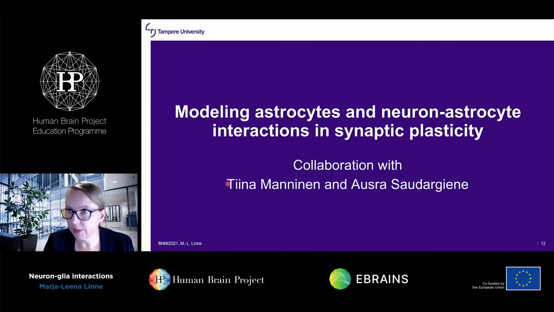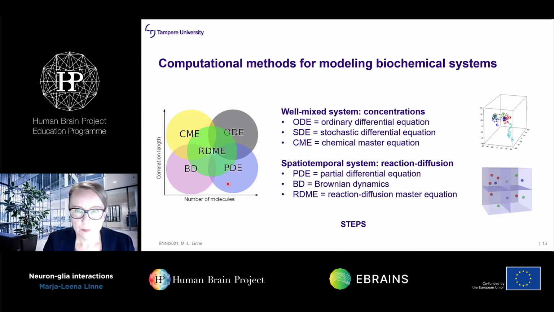And this is work together with my colleagues Tiina Manninen and Ausra Saudargiene. When we are modeling biochemical systems, including the systems in astrocytes and these mechanisms and signaling pathways that I showed earlier in my talk, we are either considering a well-mixed system where we look at concentrations of molecules, or a spatiotemporal system where we look at the reaction diffusion system.